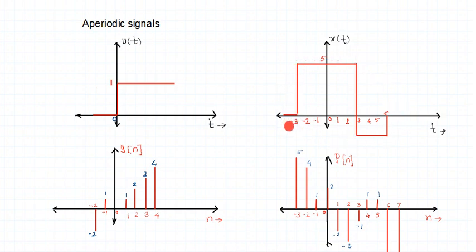No. There is no repetition neither in u(t) nor in x(t). Let us look at a few examples of DT signals. What do we observe here? In the y[n] signal, the samples have magnitude 1, 2, 3, 4. Then on the negative side, the samples have magnitude 1, -2. Do we observe that these samples are repeating anywhere?